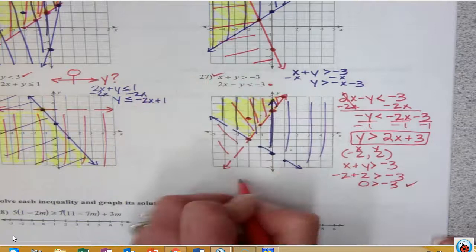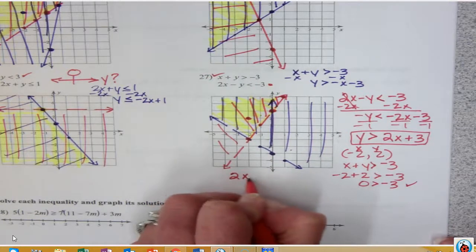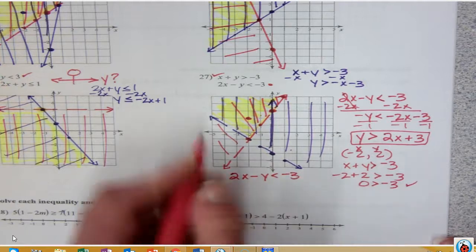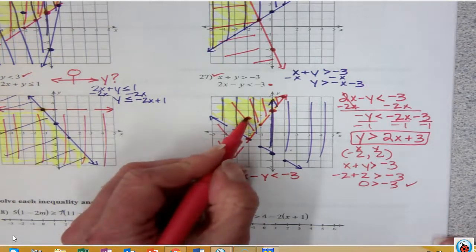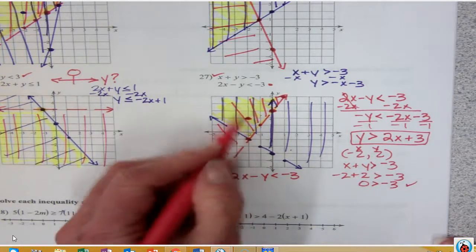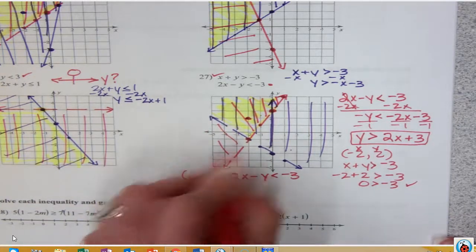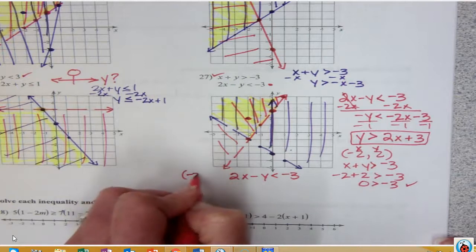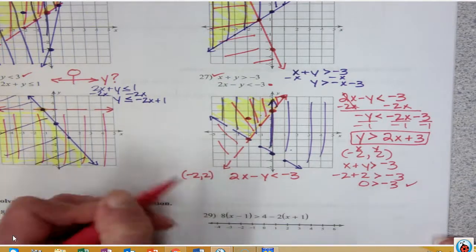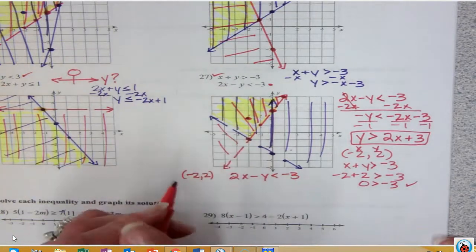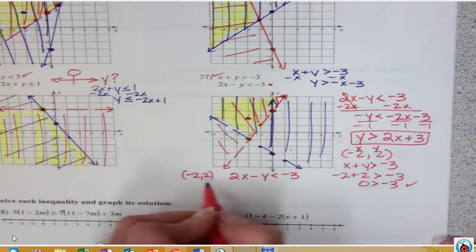We've checked that. What about the next one? 2x minus y less than negative 3. I'm just checking my work. I've picked a random point within the shaded area, negative 2, 2, and I'm plugging it in. If this fits into both equations, then I know that I've shaded the correct area. That's what I'm doing right now.